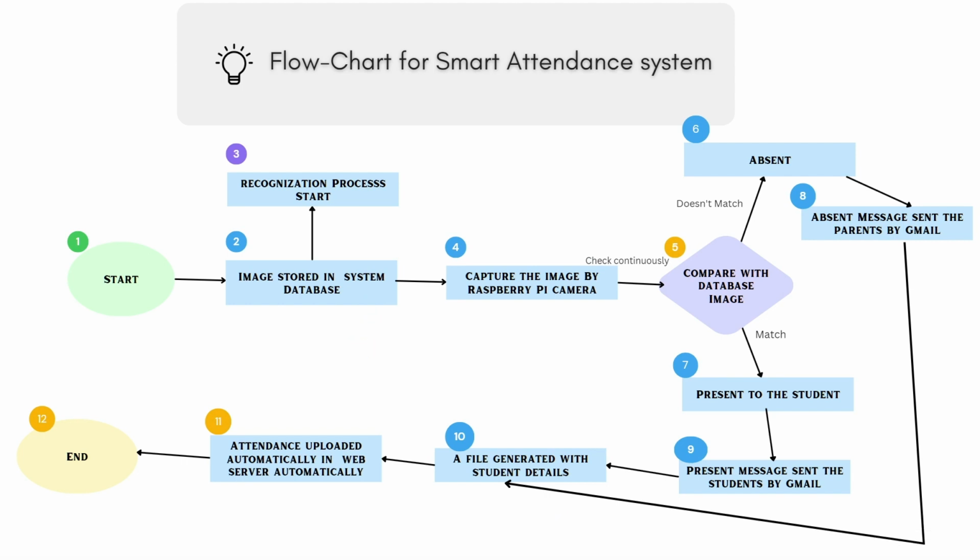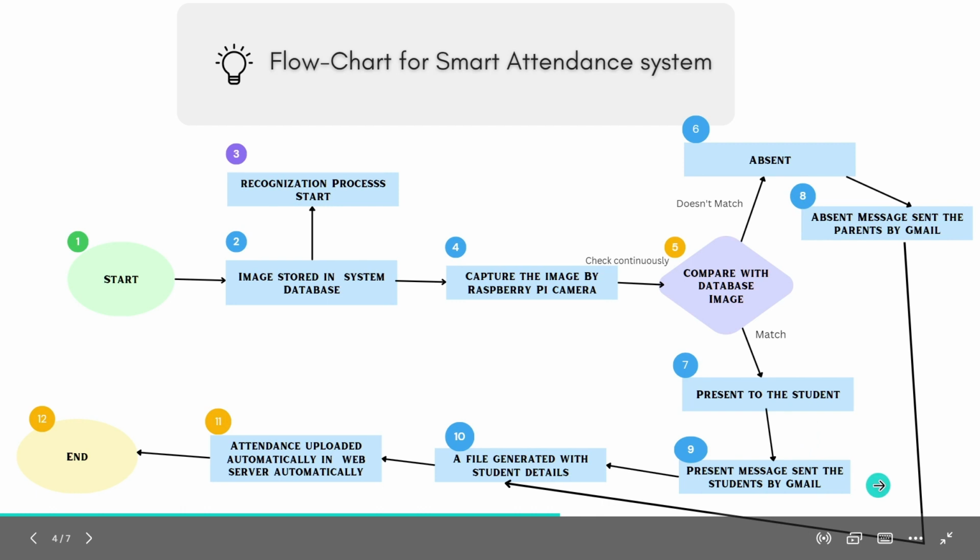I use the database phpMyAdmin. Then the recognition process starts. When a student comes near the camera, the camera captures the image and sends the data to the database, and the database checks the data continuously. If the image matches, it shows present and sends a Gmail to the student.